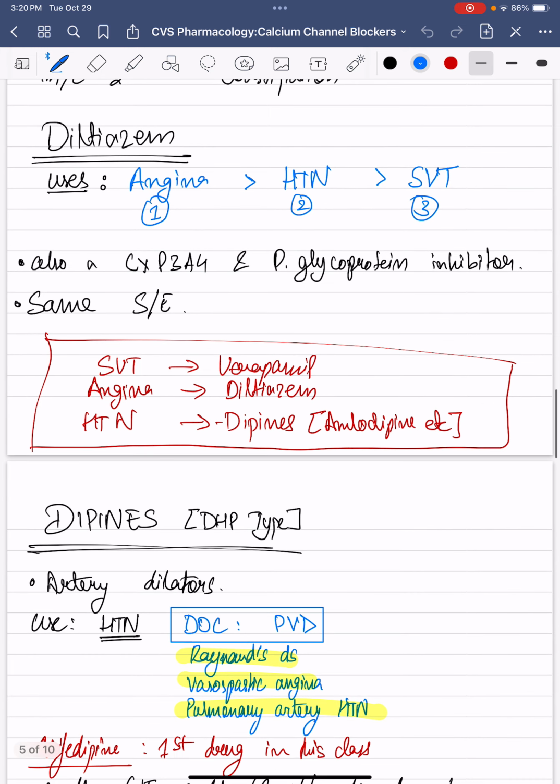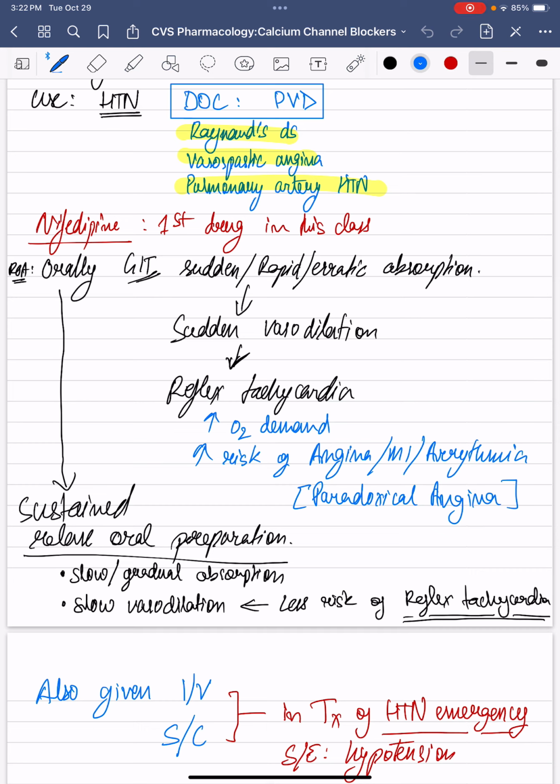Nifedipine is the first drug in this class that was found, and it is given orally. There is sudden, rapid, or erratic absorption in the GIT, which will lead to sudden vasodilation, which can lead to reflex tachycardia. Reflex tachycardia means there will be an increase in oxygen demand of the heart.